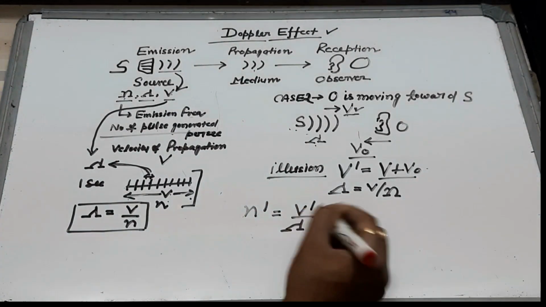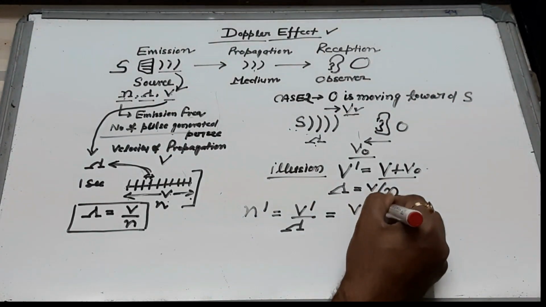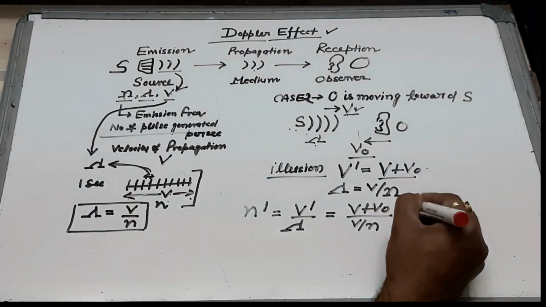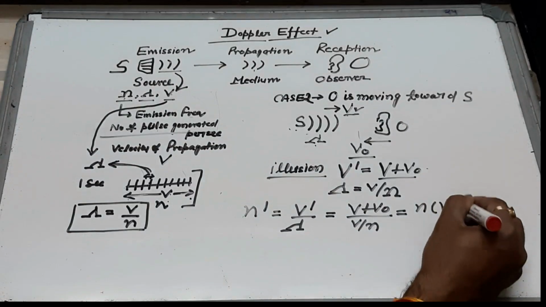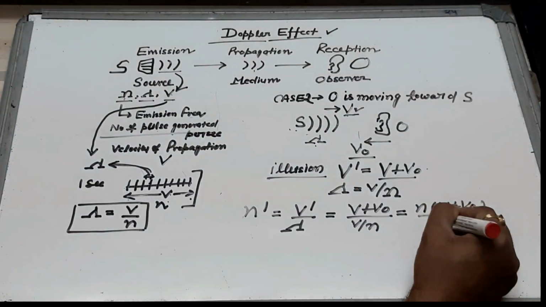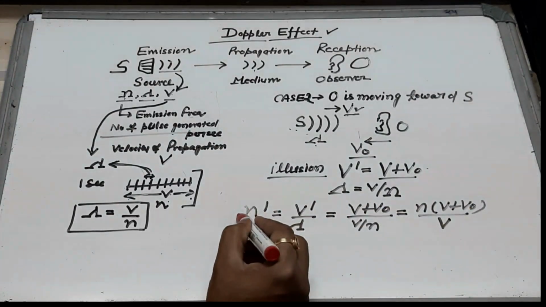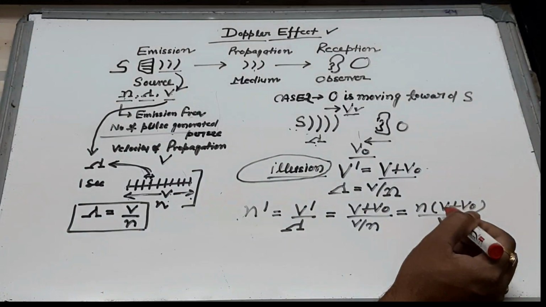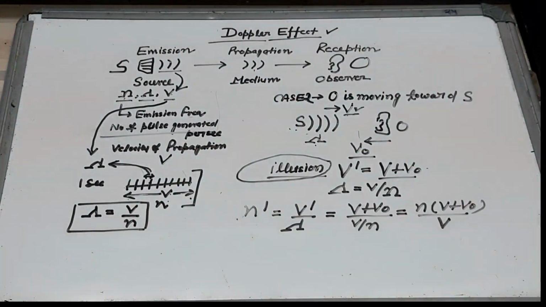Lambda will not change, correct? So v dash, what v dash will be? v plus VO divided by lambda, whose value will be v by n, and that must be equal to n times v plus VO divided by v. So this is the formula for the effective frequency as the observer perceives: n(v plus VO) by v when the observer moves towards the source.